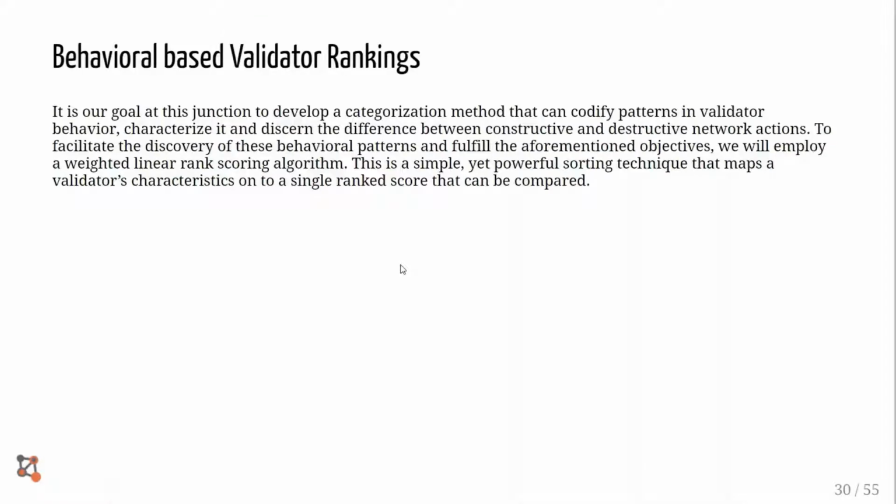Next, it is our goal at this juncture to develop a categorization method that can codify patterns in validator behavior, characterize it, and discern the difference between constructive and destructive network actions. To do so, we will employ a weighted linear rank scoring algorithm.